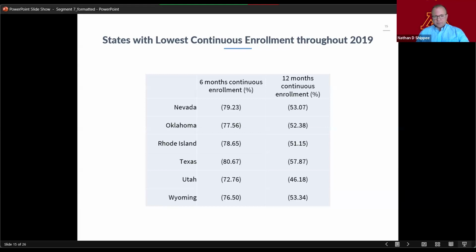Less than half your sample in, say, Utah, up to about half your sample, or a little more in Rhode Island or Oklahoma or Wyoming. Nevada. So you've got a little bit of range around the 25-ish% loss versus a 40 to 50-ish% loss, something like that.